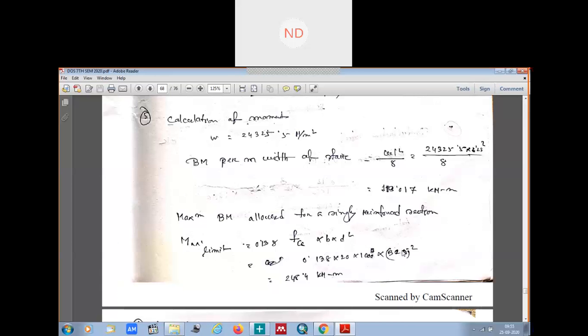You can take 320 or 325, since we had calculated 311 point something, so take a value greater than that. This is the waist slab thickness of the stairs. So this is your maximum bending moment limit, and with respect to this we are going to calculate the reinforcement.